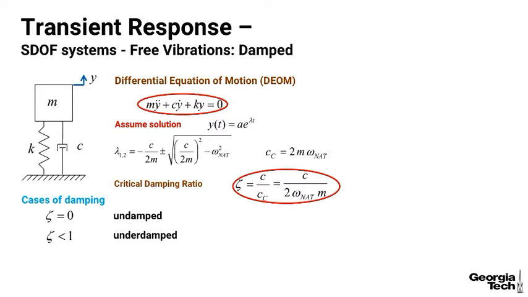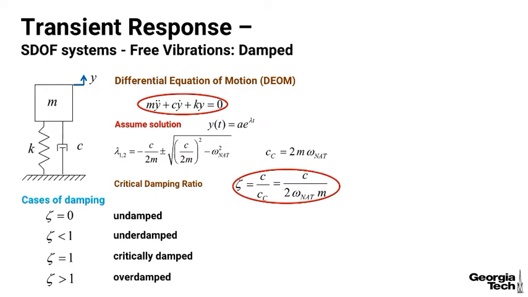The next case of damping is when zeta equals 1, we call that critically damped, so that the actual damping equals the critical damping constant. And we can have an overdamped system where c, the damping constant, is greater than the critical damping constant. Here's an example of an overdamped system, which is a door returning to equilibrium with a damper.